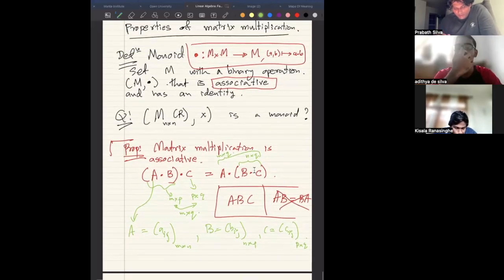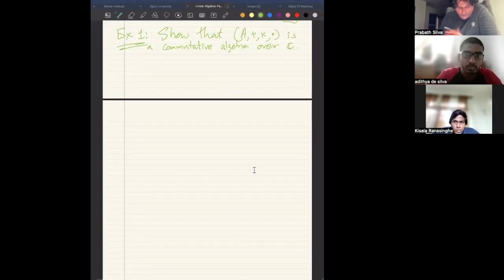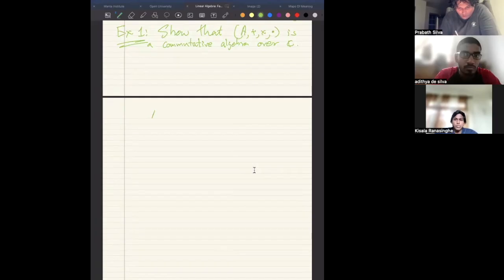So let's write down, we have AB. I want to show that this is equal to A(BC). Right, so you take an element from here.